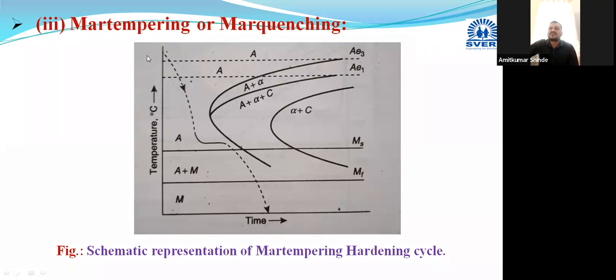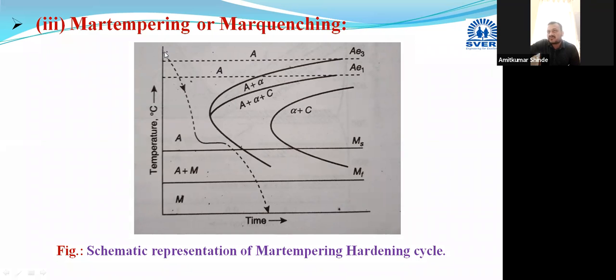Now in this Mar tempering, initially we are heating in the austenitic region. Then to get equalization of temperature and homogeneous austenite, we provide the holding or soaking time.